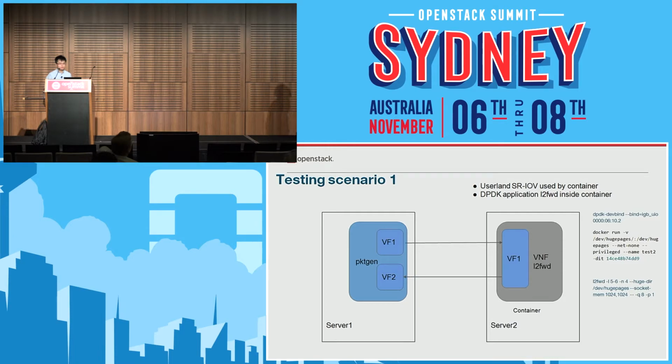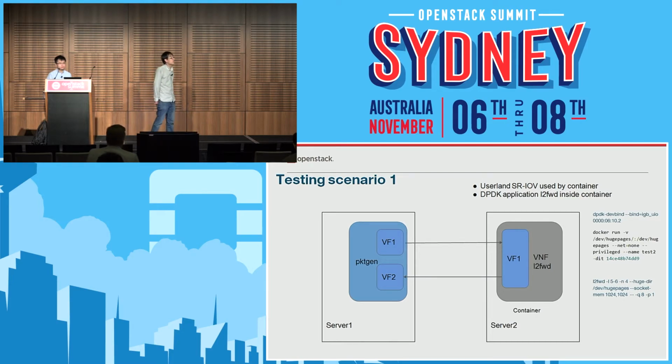In this way, we have to run the container manually, because the container requires host resources such as the huge page and the root privilege to detect the hardware PCI info. So in this way, we are not running the container by Zun.